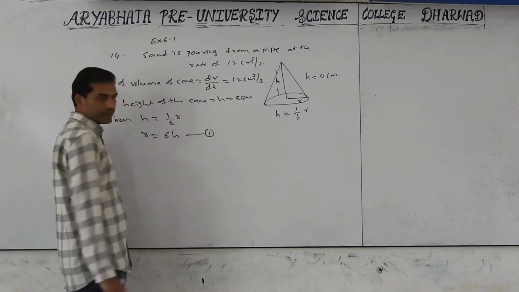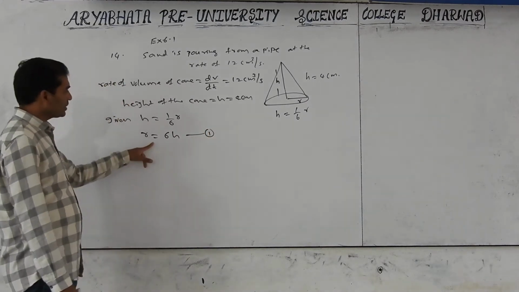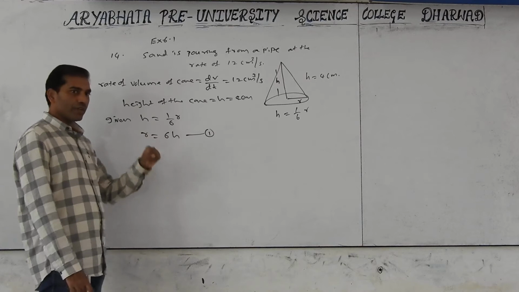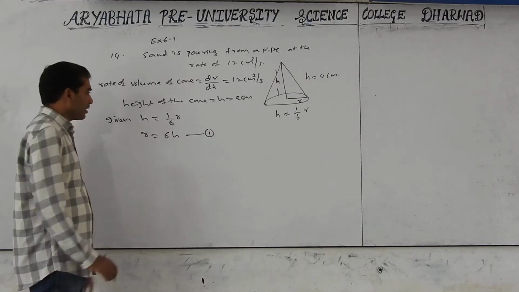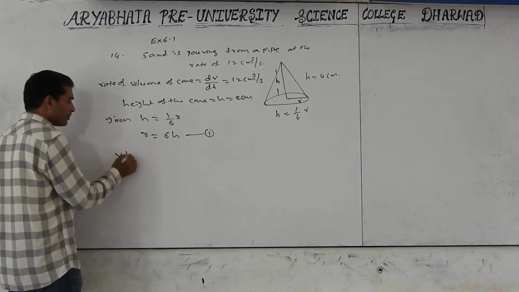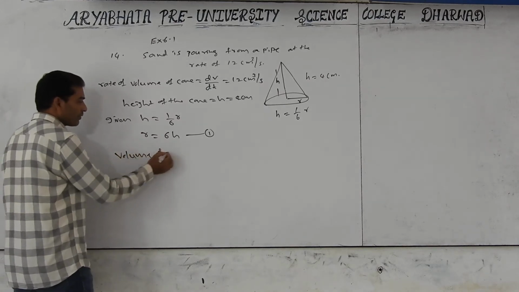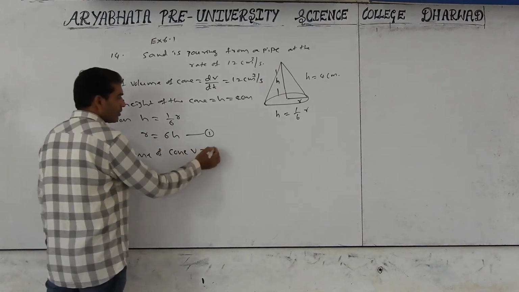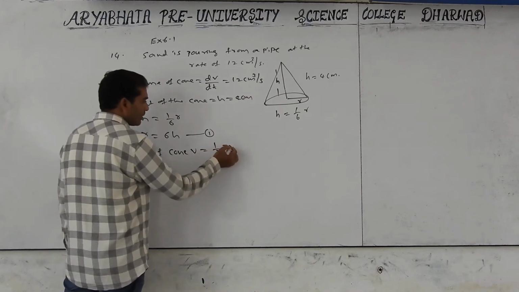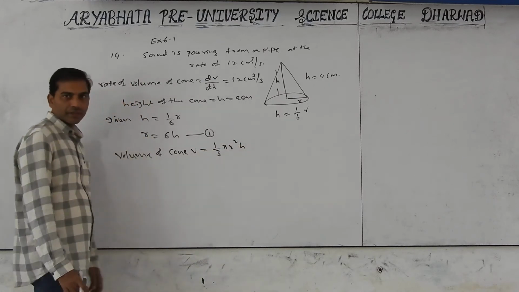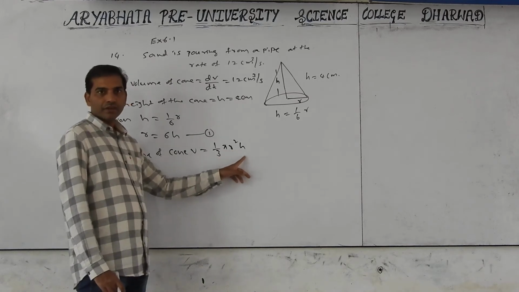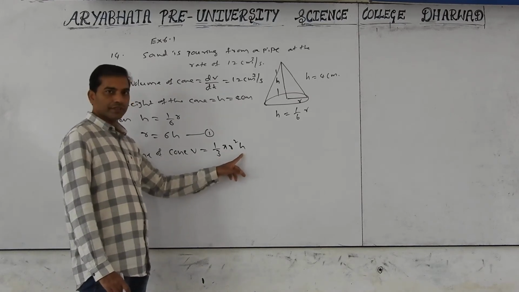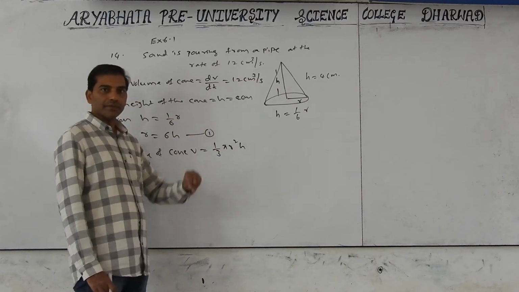This is equation 1. What is the use of this? If there are two variables, we can convert it to a single variable. What is the volume of cone? V equal to 1/3 pi r square h. Here there are two variables, r and h, so we have to make it a single variable.